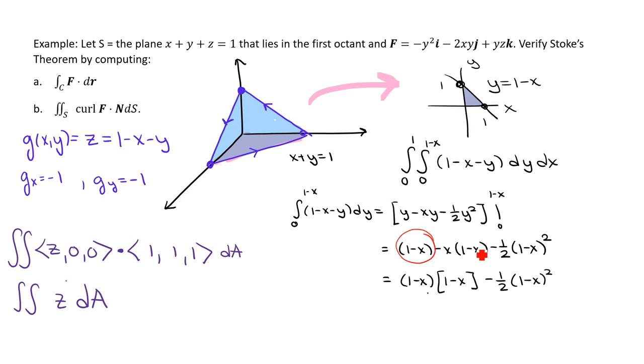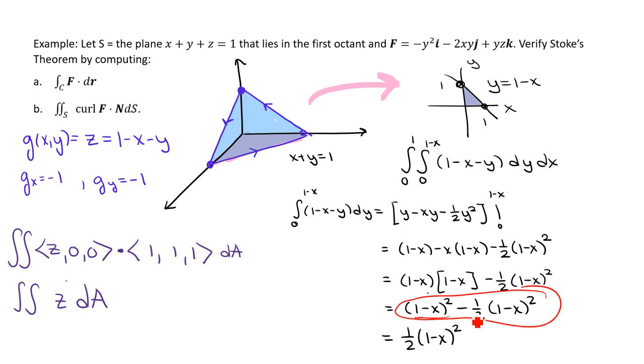I noticed that these first 2 terms here, if I factor a 1 minus x out, I'm left with a 1 minus x. So these first 2 terms can be factored as 1 minus x times 1 minus x, and I can write that as (1 minus x) squared.